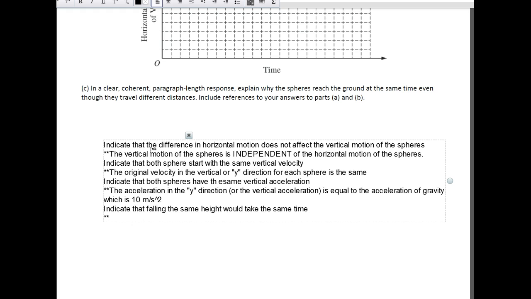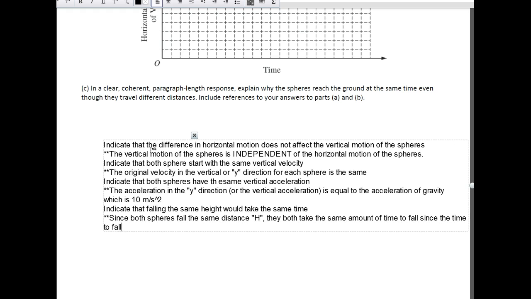So basically we just say that since both spheres fall the same distance, h, they both take the same amount of time to fall, since the time to fall is only dependent upon the y height.